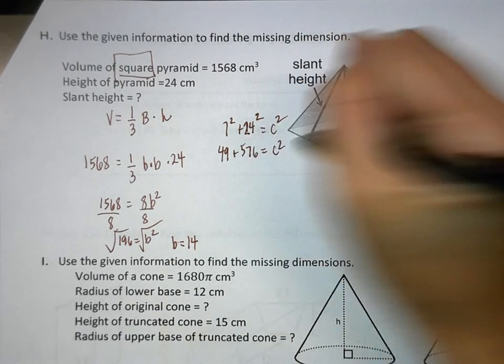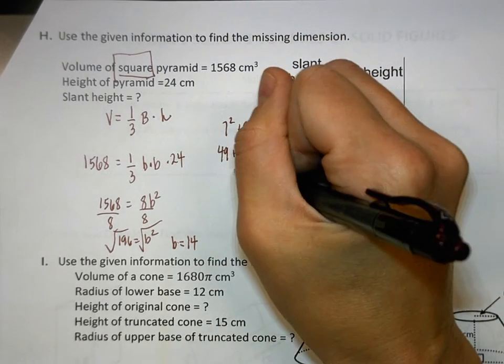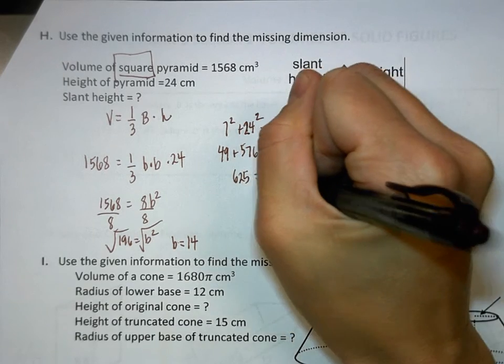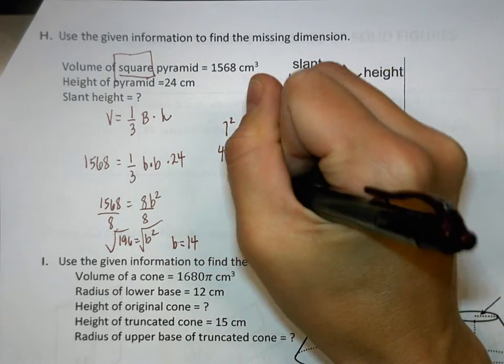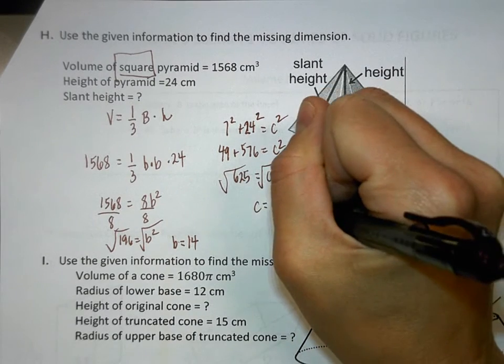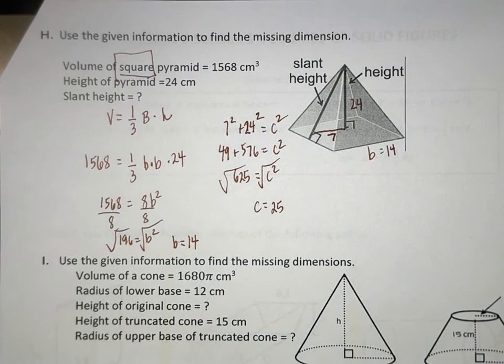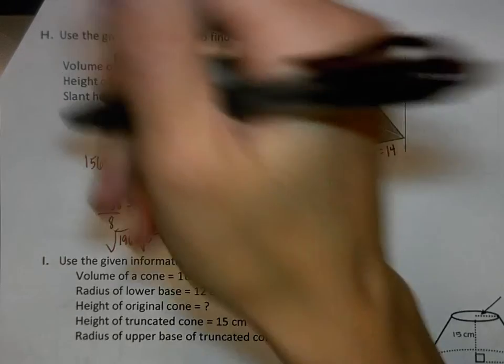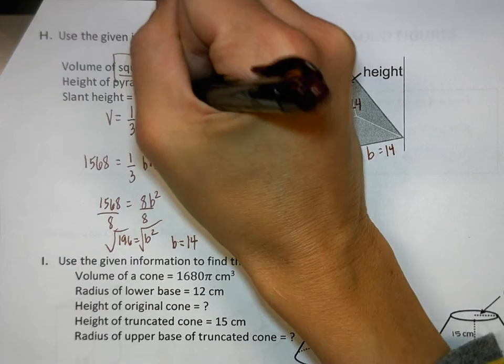We add those together and you get 625 equals C squared, and we take the square root of both sides, and C equals 25. So that means that my slant height is 25 what? Very good.